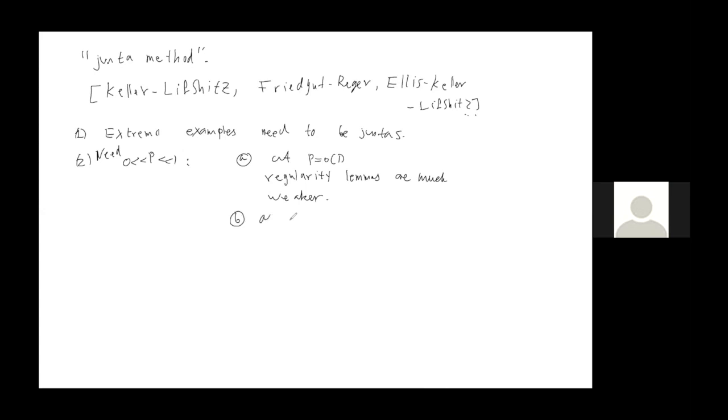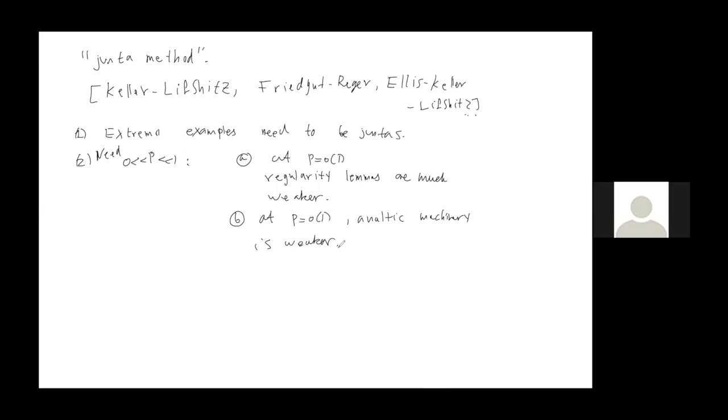And secondly, for P that is small, the analytical machinery that we have is much weaker. So we know some results, some of them are very nice, but we don't know anything as satisfying as Friedgut's result. So that's certainly some challenge.